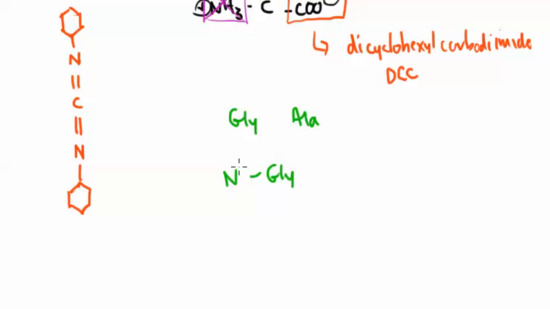So what I'm going to do here is put an N star. So the N protector group is going to be added onto glycine. This was using our previous reagent of di-tert-butyl dicarbonate. Then on this glycine, I would also add DCC. So DCC would also be added here.